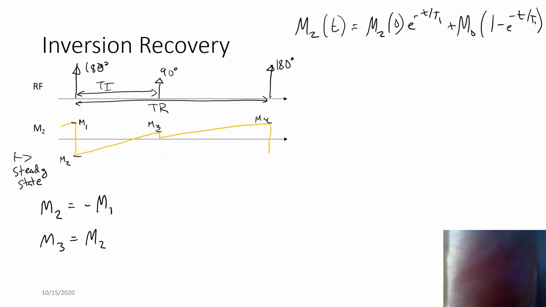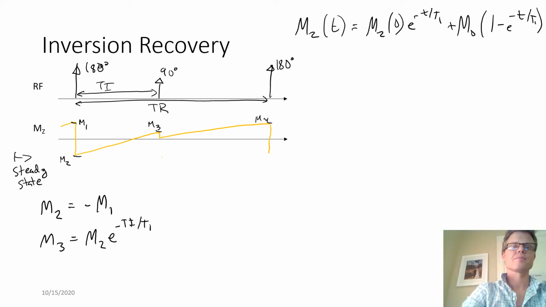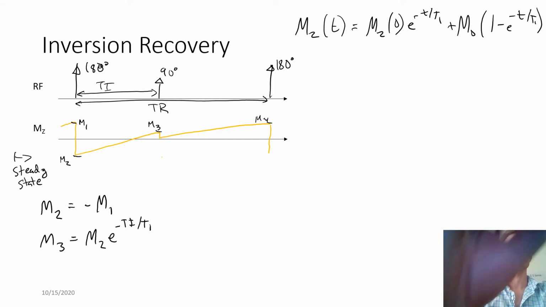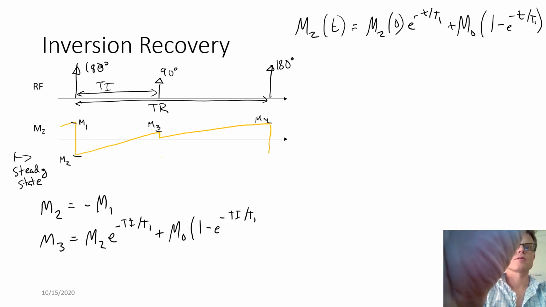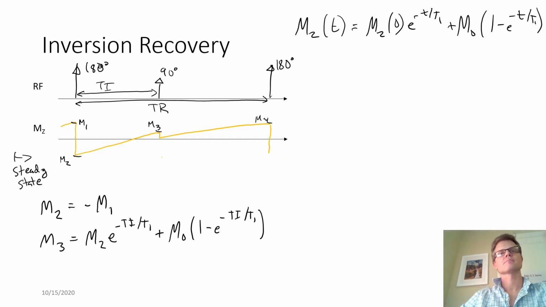And then the total time interval is Ti. And we always have this term as well. And after M3, we do the 90-degree pulse, so we have saturation.